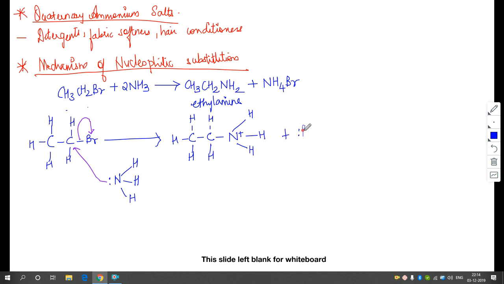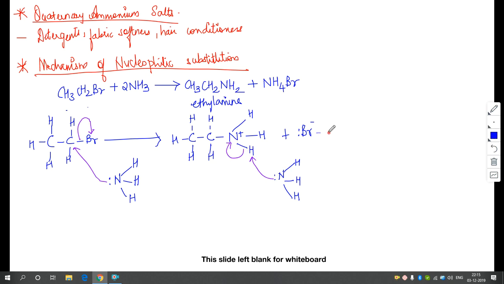Now bromine has the lone pairs of electrons. And if I had to add one more pair to this nitrogen atom, it will be this way. So this is going to join with this hydrogen atom, and this bond will go and join with this nitrogen.